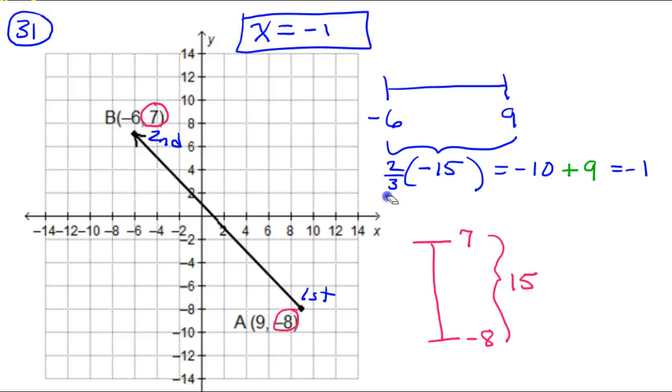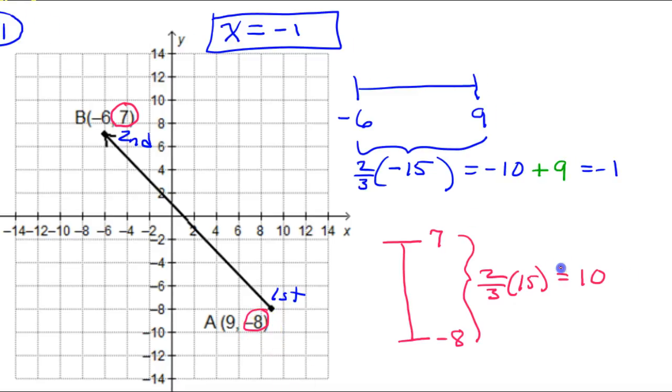Anyway, so we have the 15. Still, we're doing 2/3 though, so I need to do 2/3 of this. 2/3 of positive 15. 2/3 of -15 was -10, so you know this will be positive 10. Now I need to take that positive 10 and add it to the first y value. Remember the first y value is the -8.